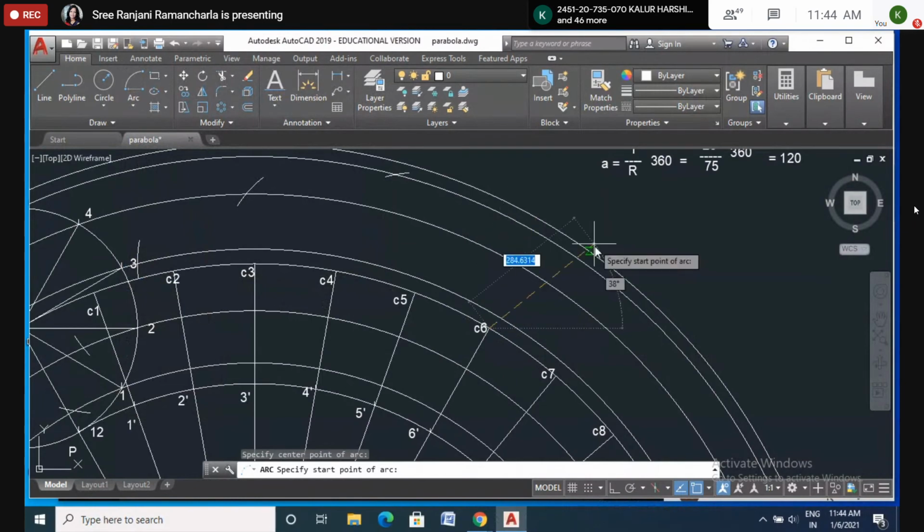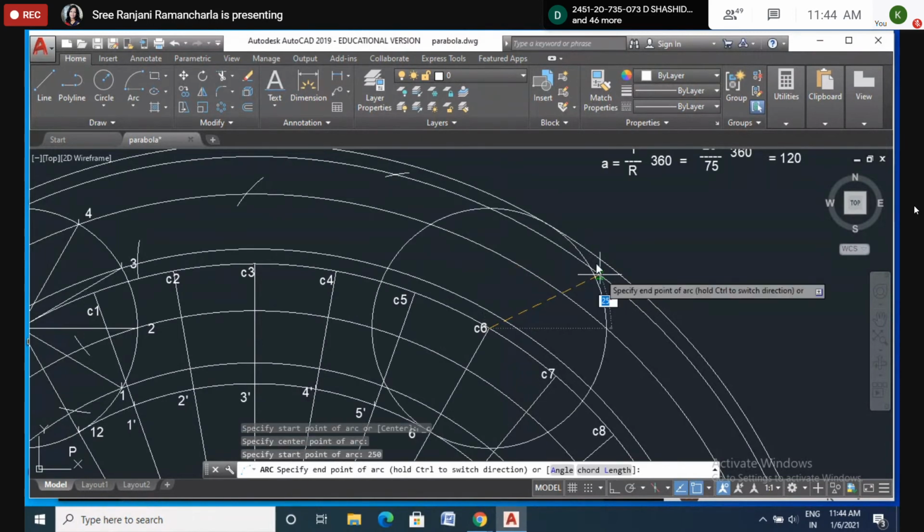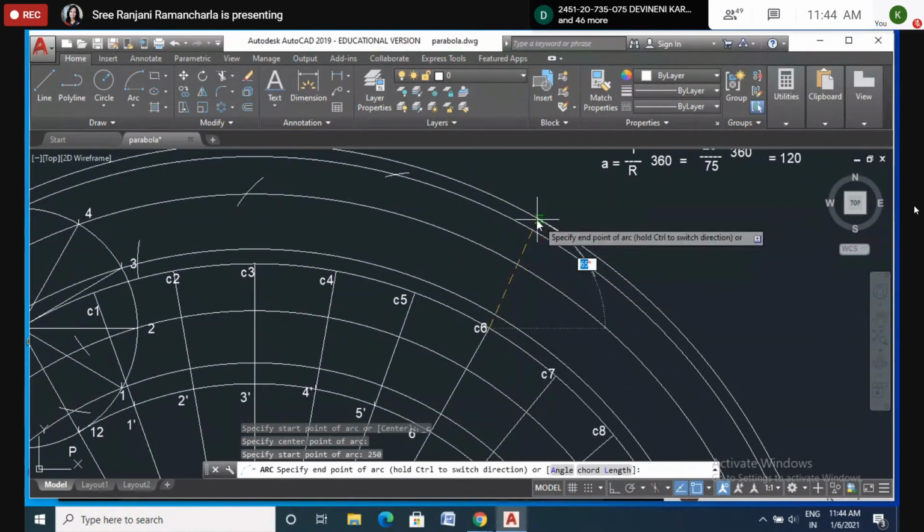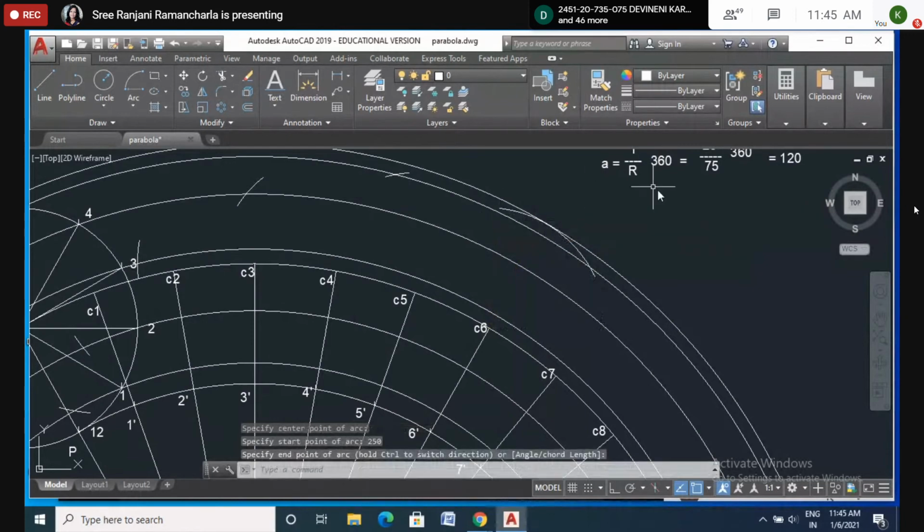I will put my cursor here, because I will get the curve like this. So 250. I am drawing the curve like this. Look at this. When you extend, exactly it will touch here.